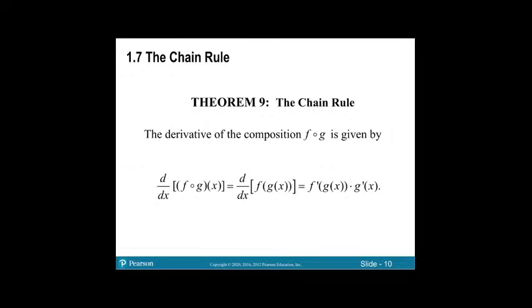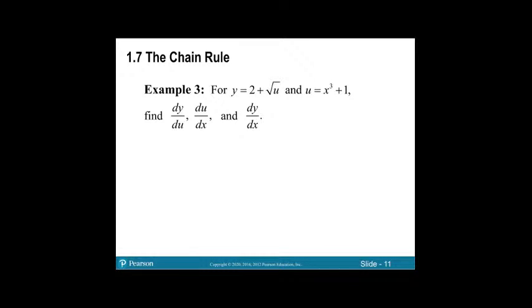That's the chain rule. So for y is this and u is that, find the derivative of y with respect to u, the derivative of u with respect to x, and then the derivative of y with respect to x. Okay, let's start with dy by du. So the derivative of y with respect to u, so basically just take the derivative.